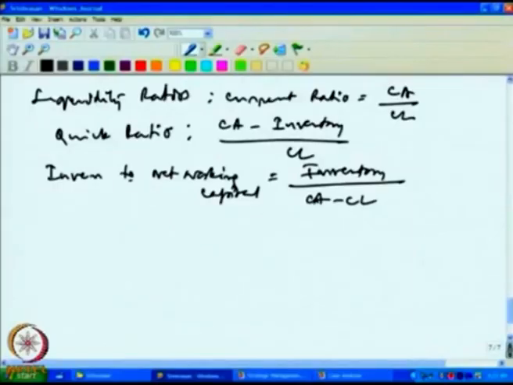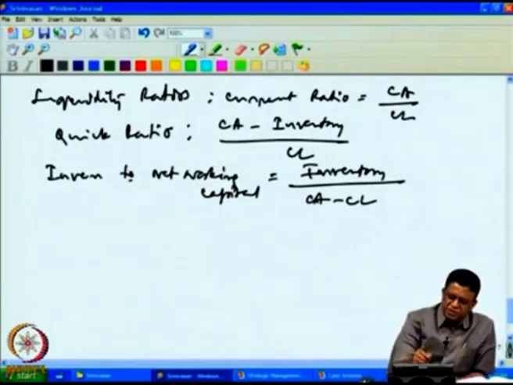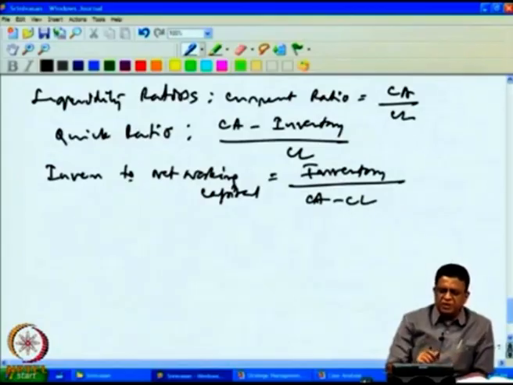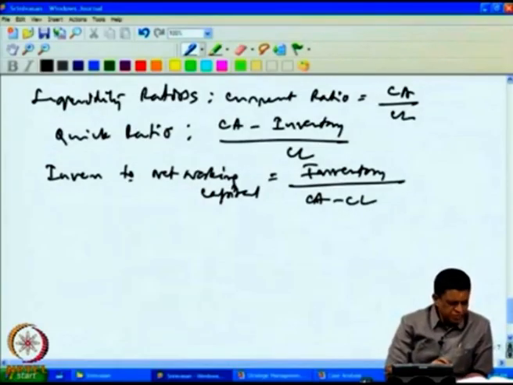So, a very important ratio. All these three, that is the current ratio, the quick ratio, and the inventory to net working capital, come under the category of liquidity ratios. There are three of them: current ratio, quick ratio and inventory to net working capital.